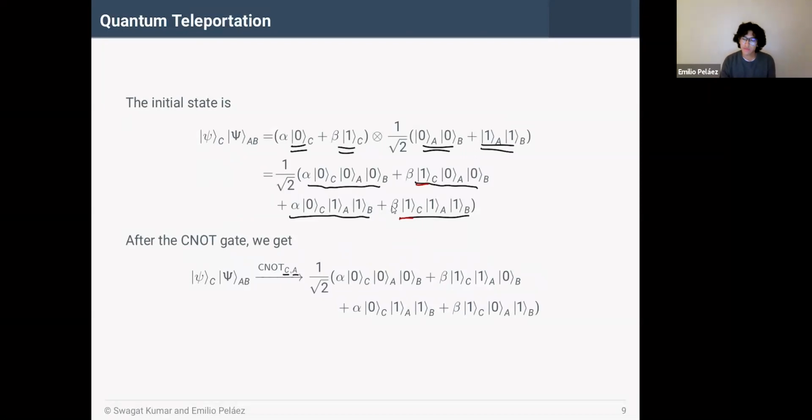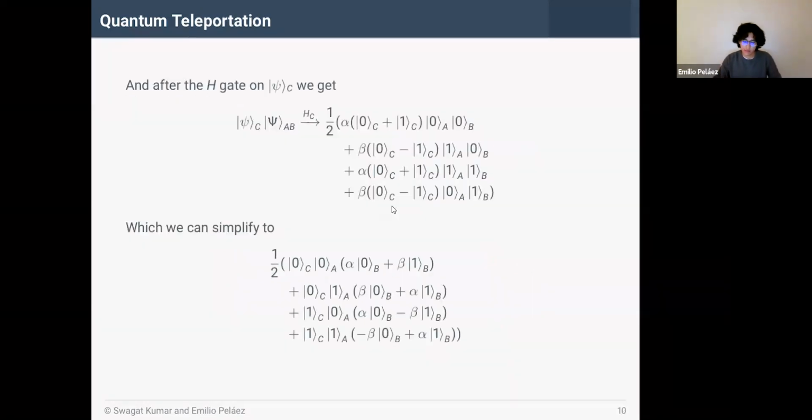In those elements of the superposition, we flip the qubit A. This transforms to this with A flipped, and the same, this transforms to this, qubit A flipped. That's how we apply the CNOT gate, and we got that state.